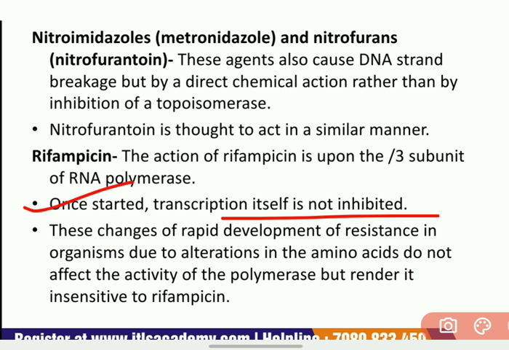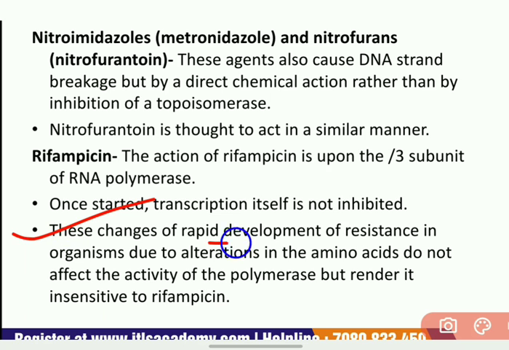It has been suggested that the structure of rifampicin resembles that of two adenosine nucleotides in RNA. This may form the basis of the binding of the antibiotic to the beta subunit.